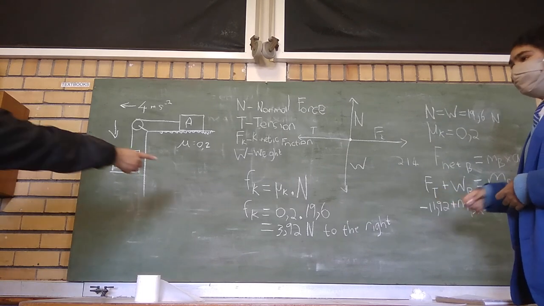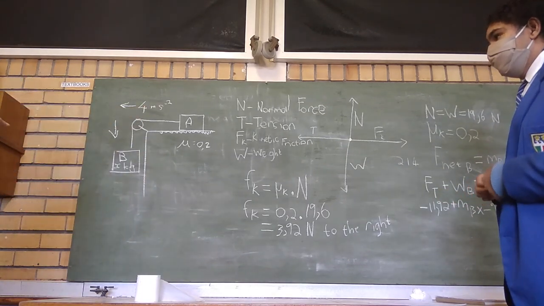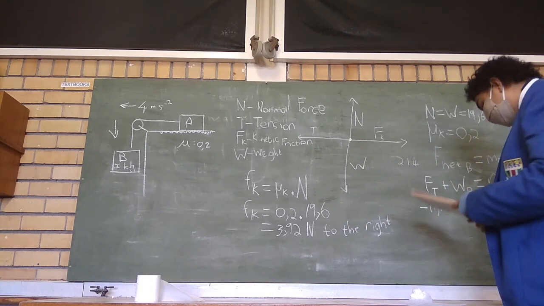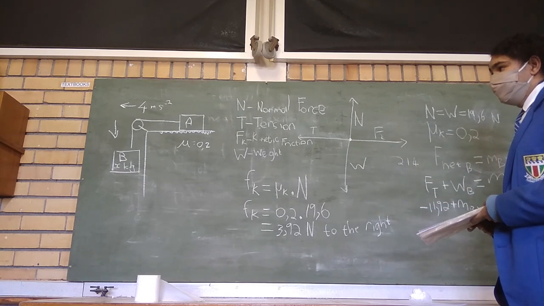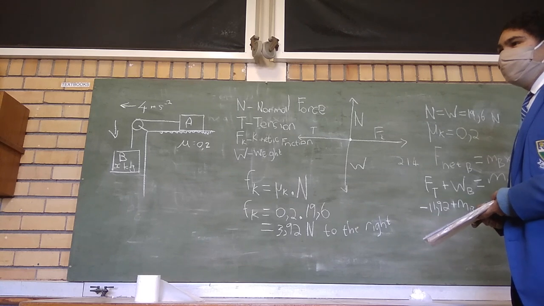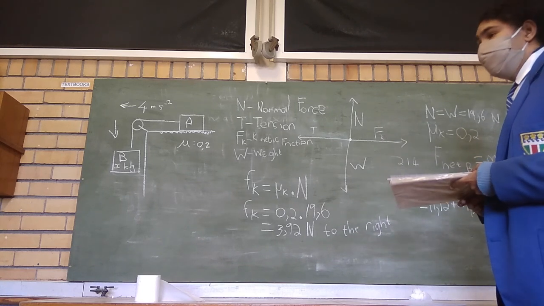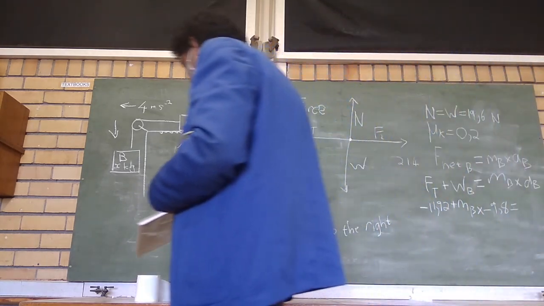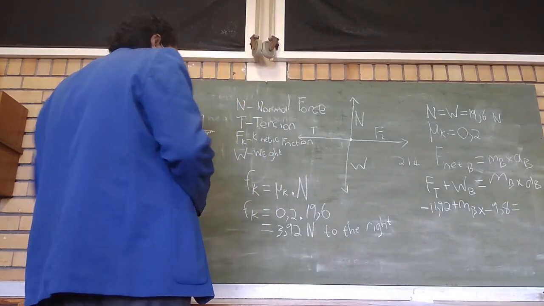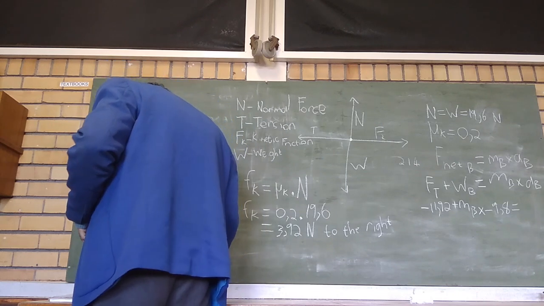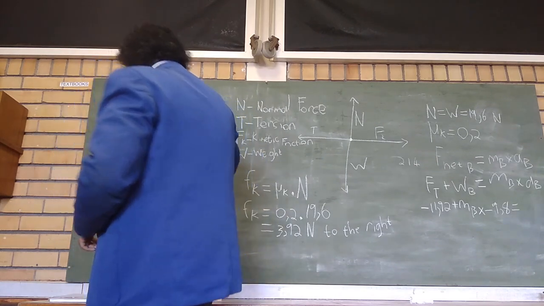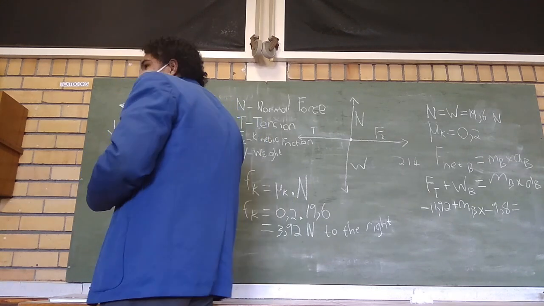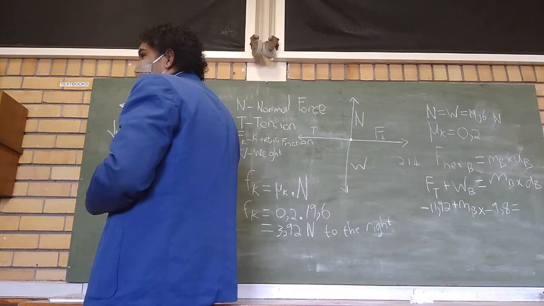On the left, you've got to work out the tension first. How are you going to work out the tension? The net force acting on A. You've got to do it for A because it's the one you know the most about. A has only two forces acting on it: tension, and friction, which you already know, and you know the acceleration. So work out the tension on A using Newton's second law.